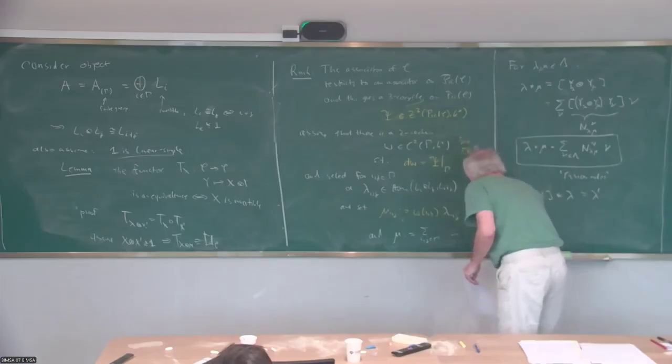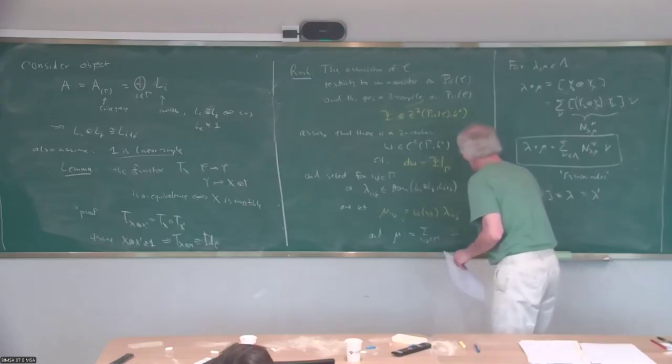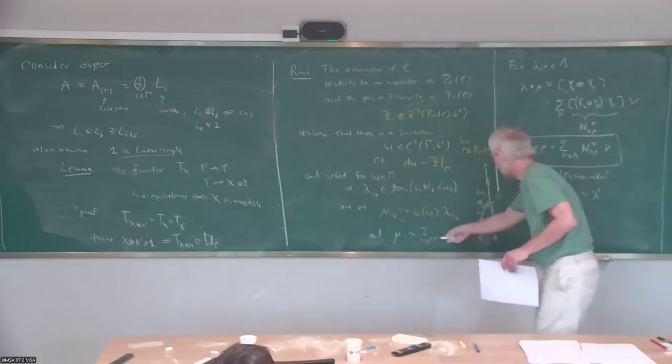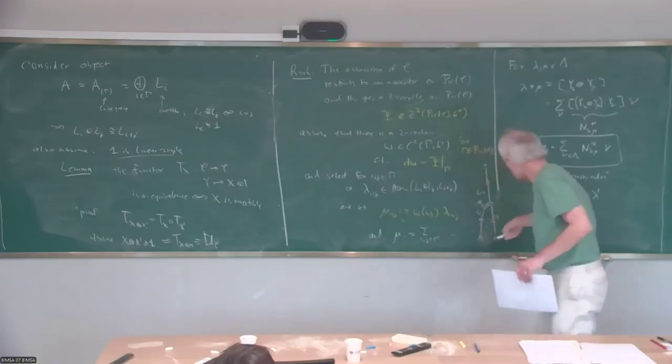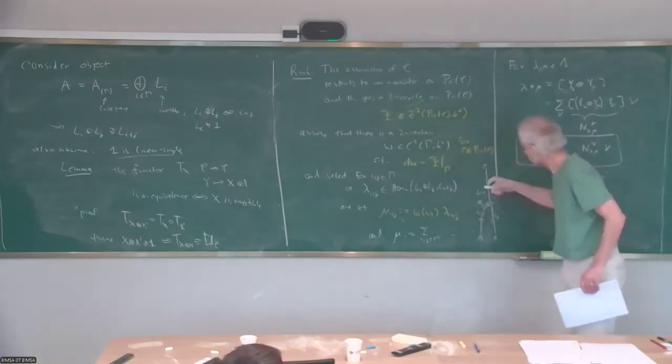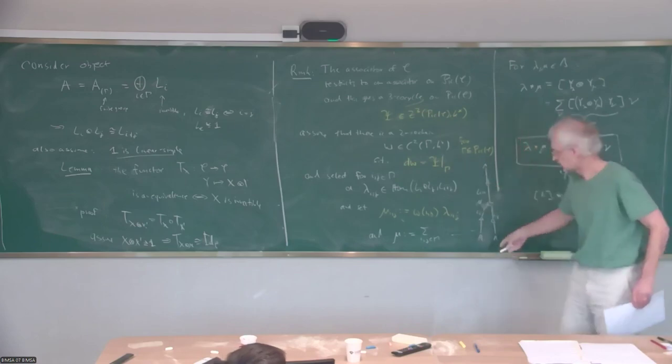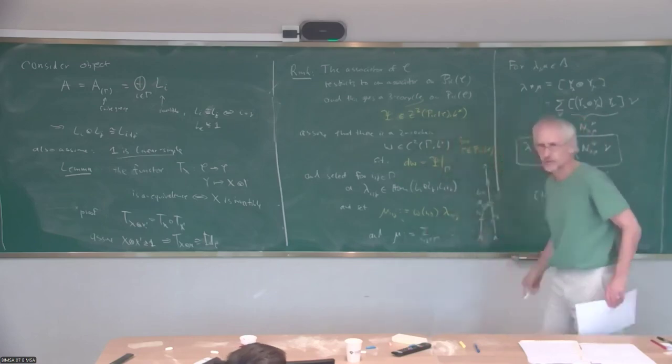And I do the same for j. And then I take here the morphism U_ij. And what I get is L_(i+j), and I embed this in A. So each of these is a morphism from A tensor A to A, and the sum of those I call mu.